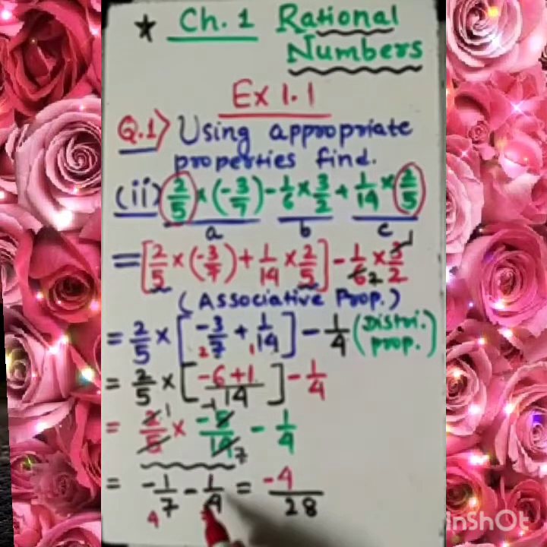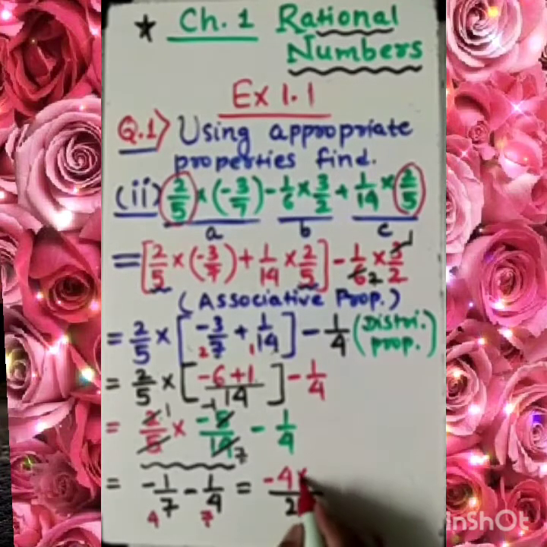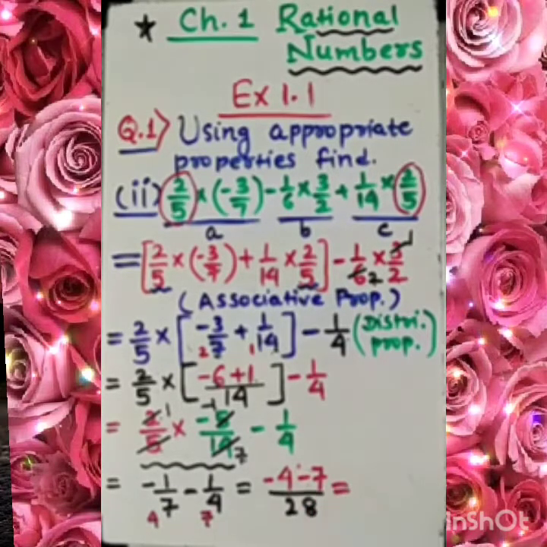Minus 1 into 7 is minus 7. So my dear student, in the numerator we will have minus 4 and minus 7. Same sign means addition, but the sign remains minus. 4 plus 7 is 11 and of course your denominator is 28.